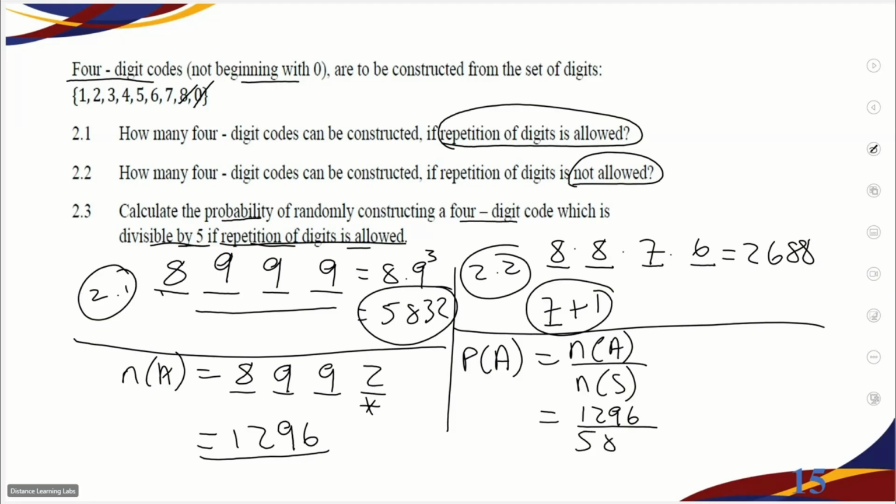Then you divide 1,296 by 5,832, which gives us the probability of 2/9. And remember, whenever you are calculating probability, it has a scale from 0 up to 1. Anything greater than 1 or less than 0 means you have made a mistake. So probability starts from 0 and ends at 1. This is how you approach a probability type of question.